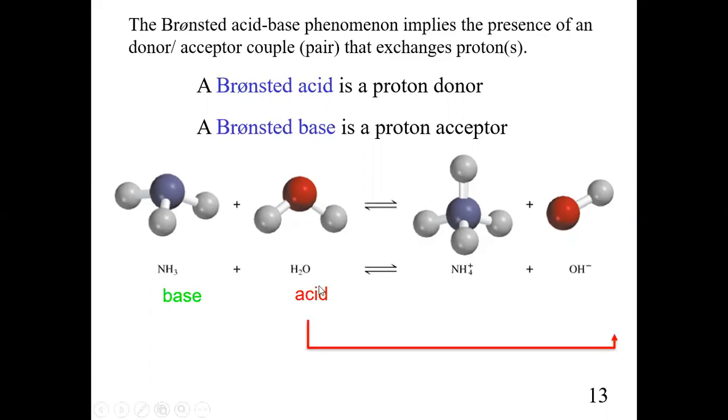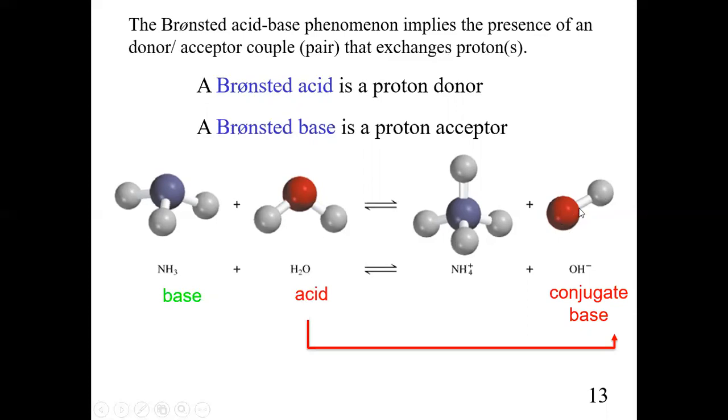Now, of course, we said that water is my acid. In the end, it became OH minus. What we call this is a conjugate base. Why is this OH called a conjugate base? Because if I go in the reverse direction, look at what happens to it.